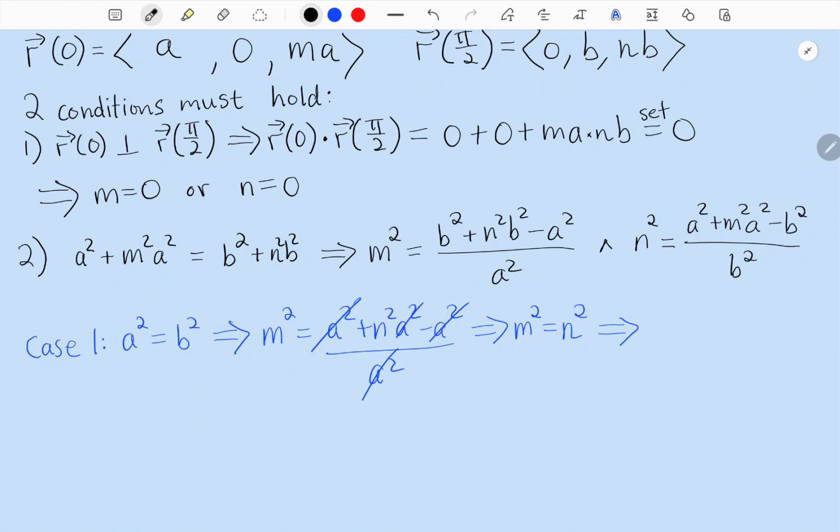If m is 0, n is 0, and if n is 0, m is 0. So m is equal to 0 and n is equal to 0. I should probably say by this condition right over here.